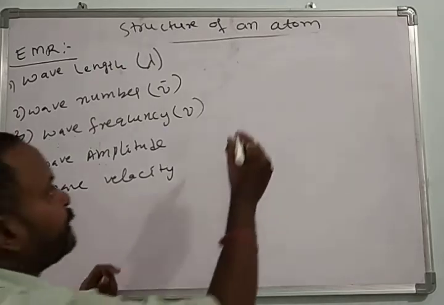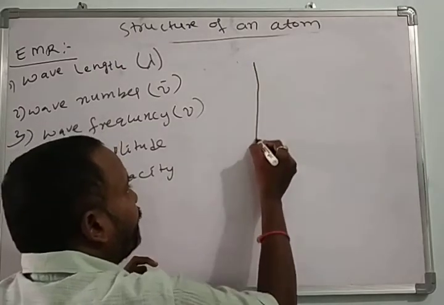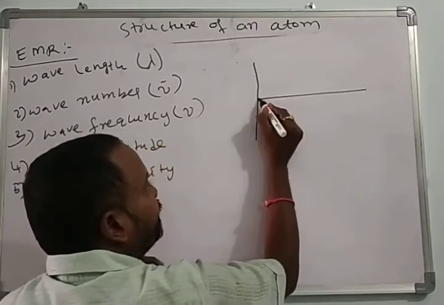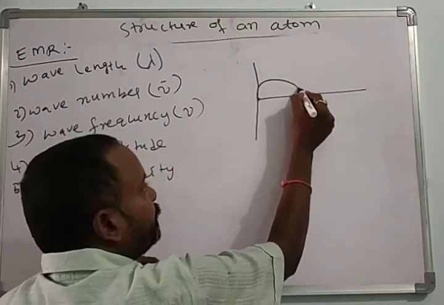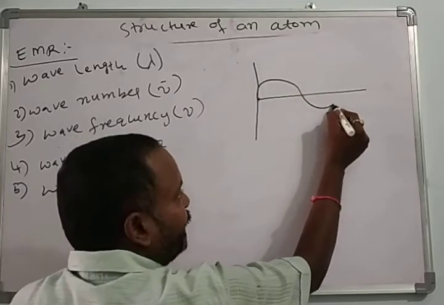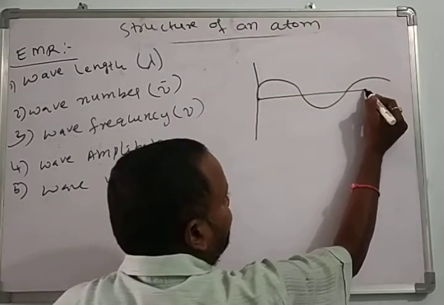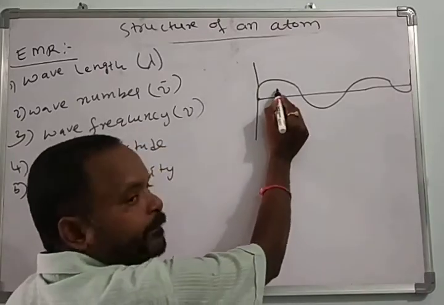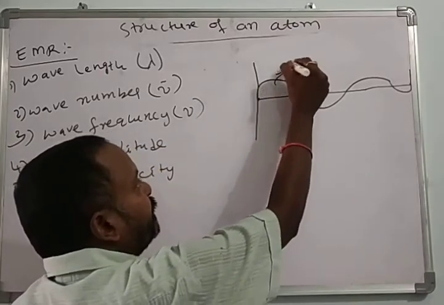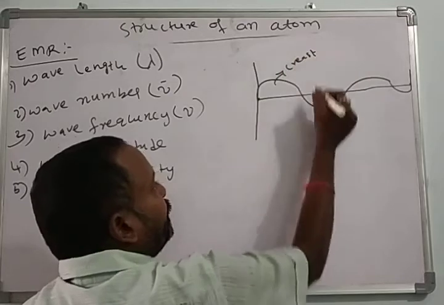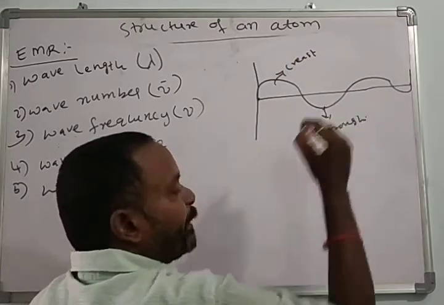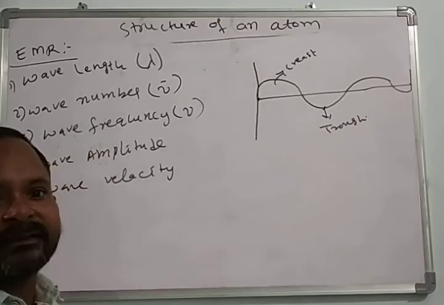What is wavelength? What is the meaning of wave? Here is a stationary point. If you disturb the stationary point, we observe crest and trough. This one we call crest, this one we call trough.